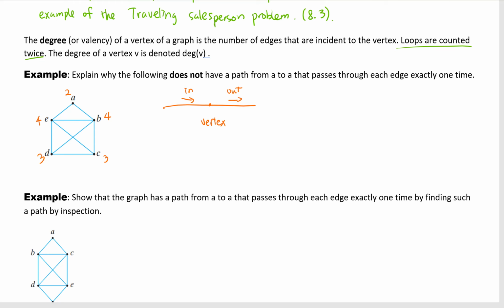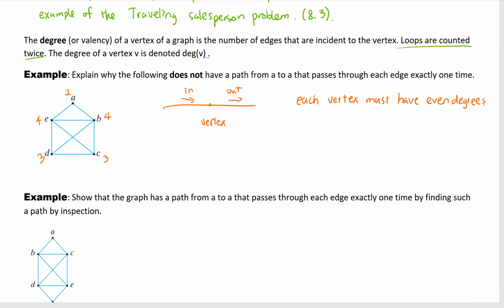If you have an odd degree, you're just stuck there. So each vertex must have even degree, because we go in and we go out.